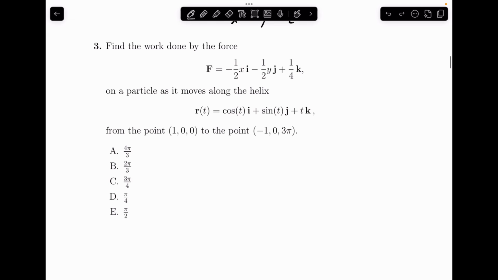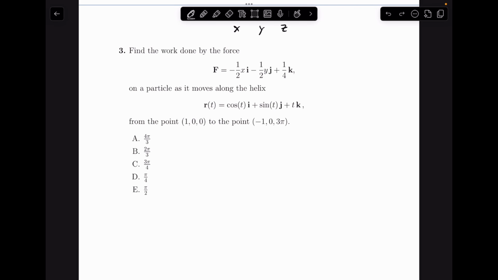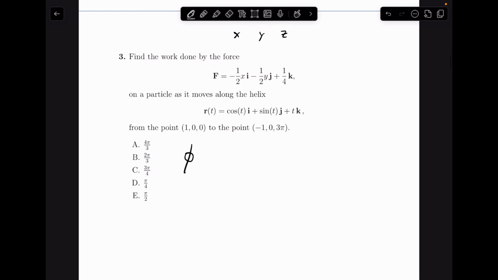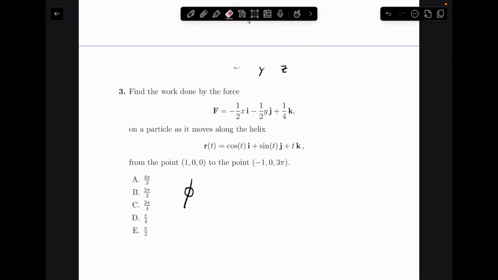So we can find a potential function. Basically we know that these three components are some potential of x, potential of y, potential of z. So what we can do is integrate each of those components, like partial integration. So phi x is equal to negative 1/2 x.